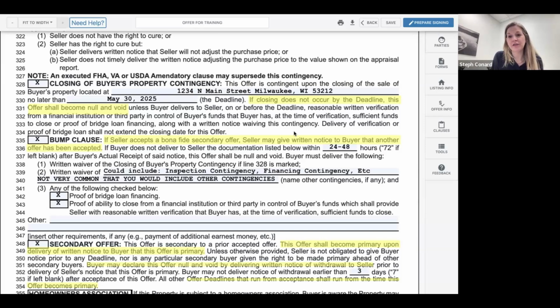What's very important though here is that delivery of this verification or proof of bridge loan shall not extend the closing date for this original offer. So unless the parties agree to extend the closing date on this offer, it is staying at that May 30th, or, excuse me, whatever is identified on page 1 of this offer.